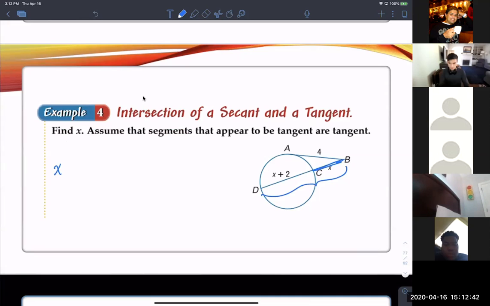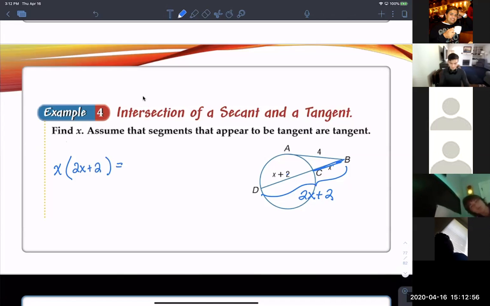So piece to the circle is x. The entire piece is x plus 2, which is 2x plus 2, equals, now the tangent, remember, it is tangent times tangent, or tangent squared.